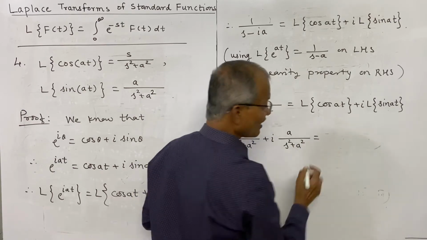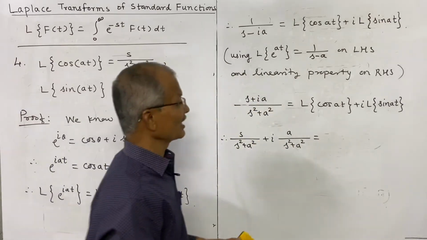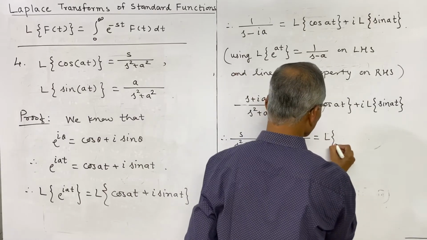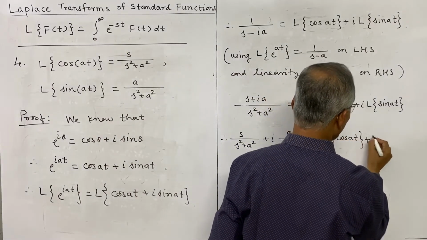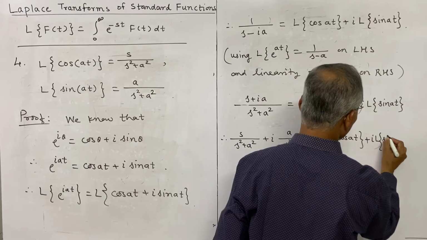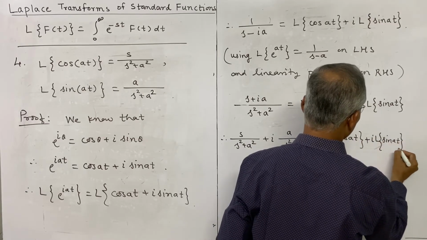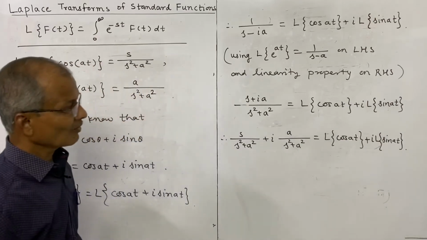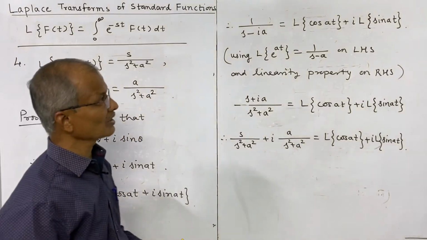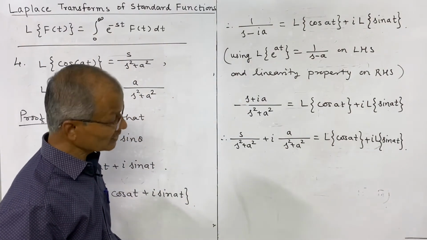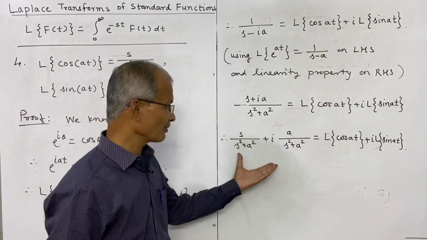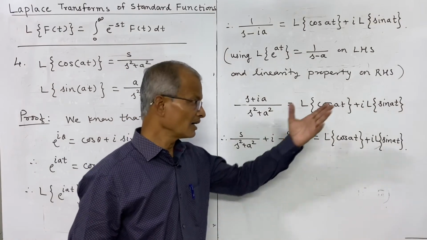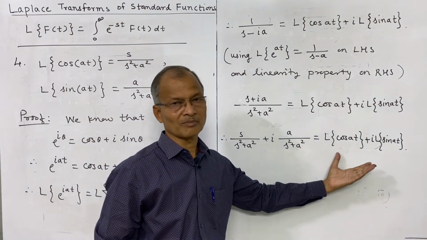This is the left side, and the right side we will keep as it is, that is L cos at plus i L sin at. Now we shall equate two complex numbers. This is a complex number because it is a plus ib, and this is another complex number, c plus id.